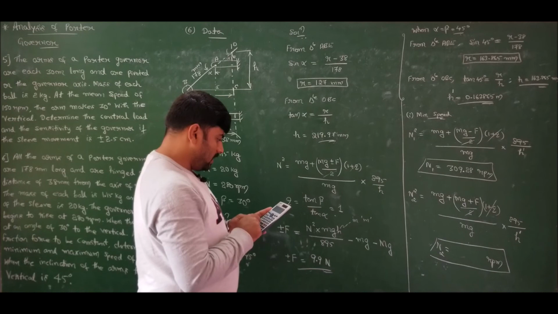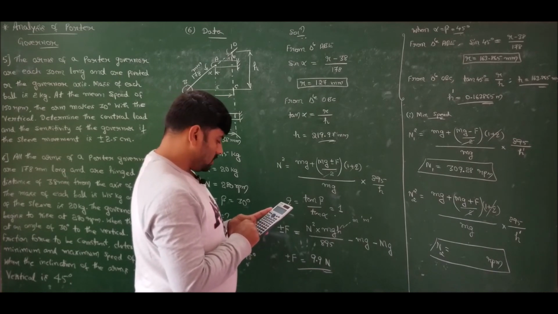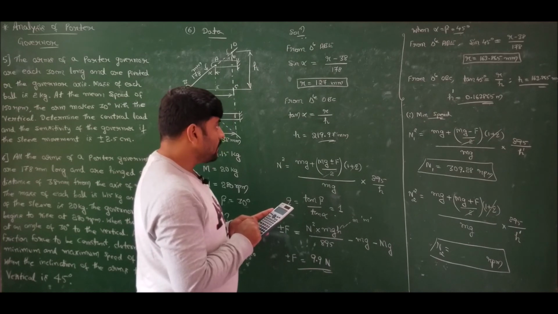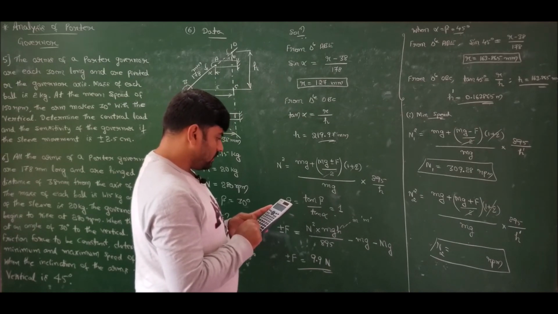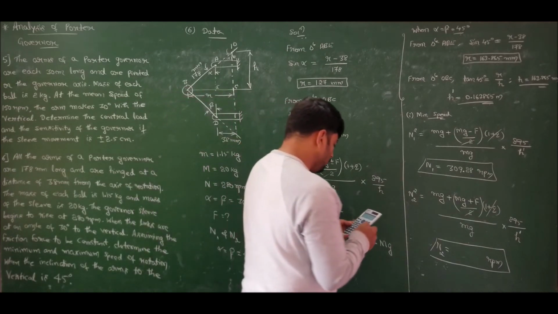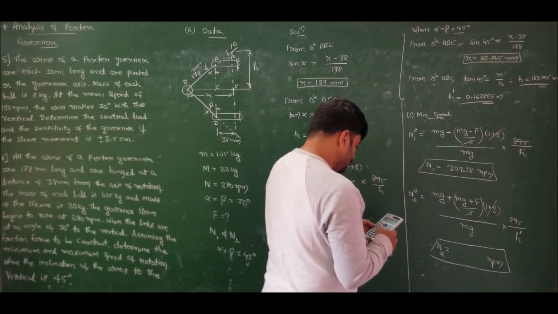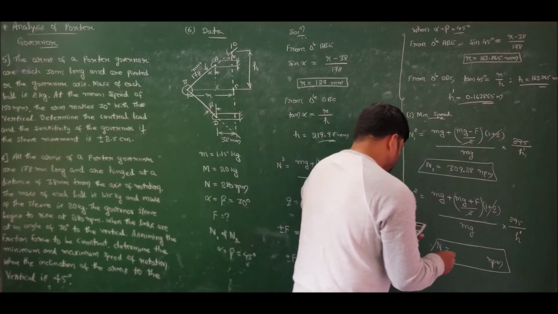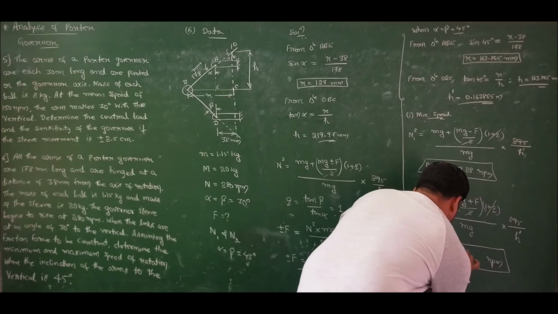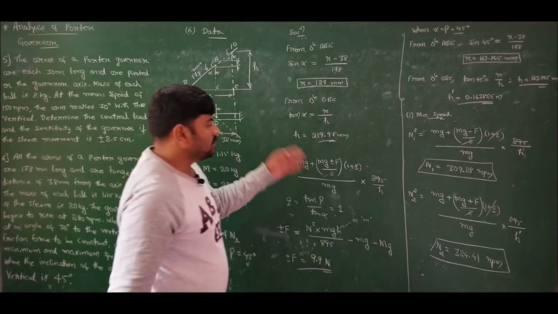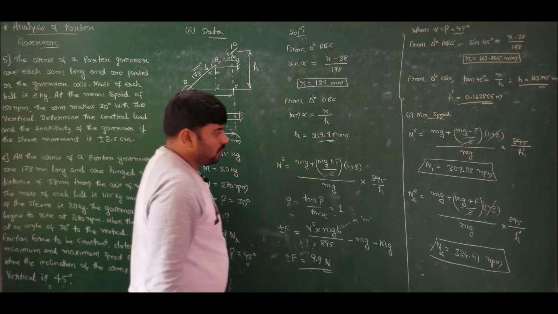Whole of this must be multiplied by 895 by H dash, 0.163865. So if I solve, I will get N2 square. Root of the answer will become N2, which is 324.41 rpm. The maximum speed is 324.41 rpm.